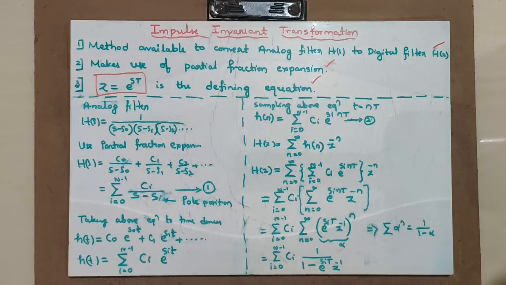That means I can simply take this as summation i is equal to 0 to n minus 1, z raised to minus 1. I will take it as 1 by z. When I take it as 1 by z, it becomes simplified to something like z whole divided by z minus e raised to sit. Correct? Let us go to the next board.